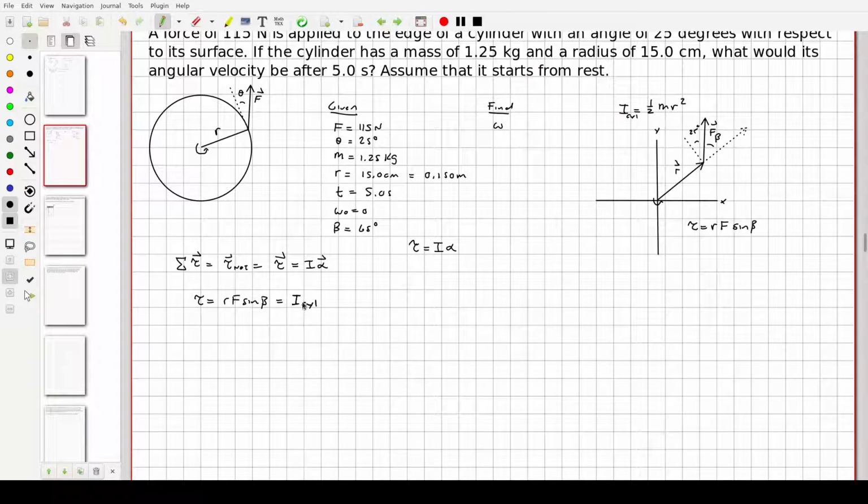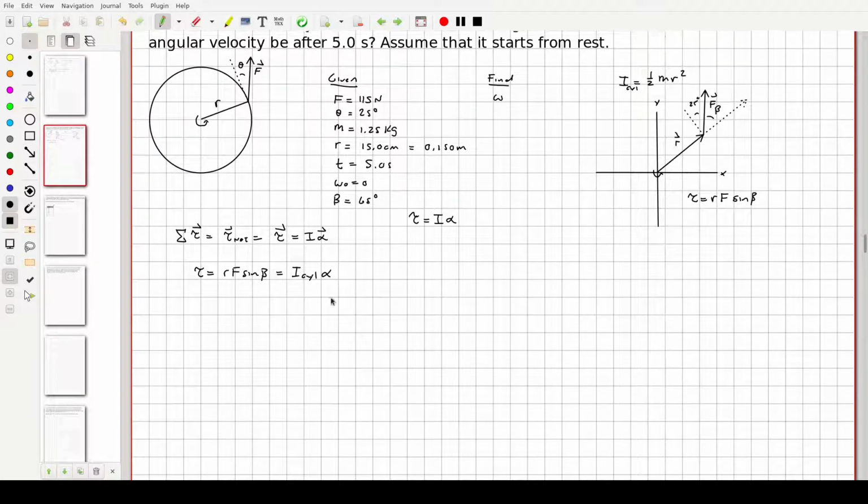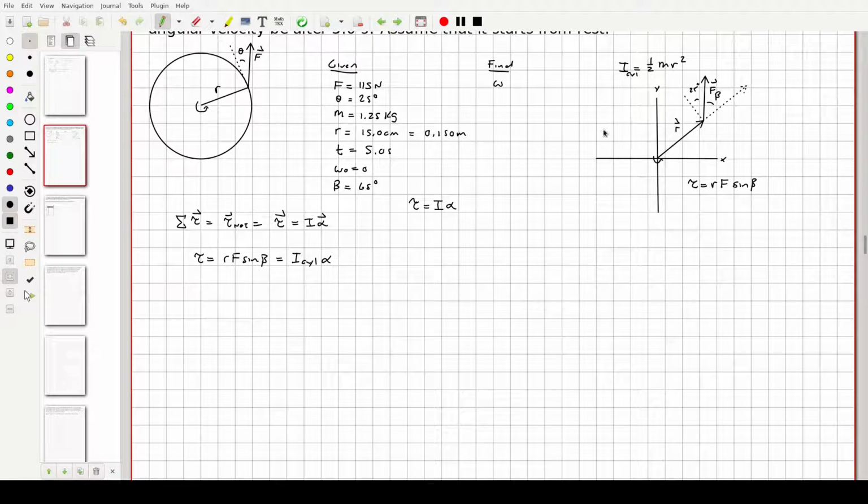It's the cylinder that's experiencing the torque, and as a consequence, it's going to get angular acceleration. So it works just like Newton's second law. Okay? So now what's the moment of inertia of the cylinder? Well, it's 1/2 mr squared. So RF sine of beta is equal to 1/2 m times r squared times alpha.